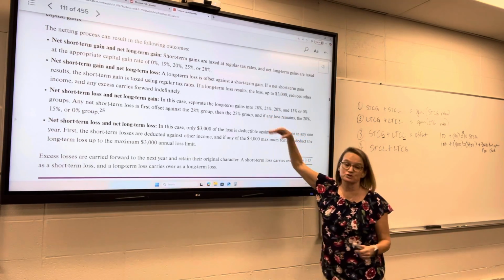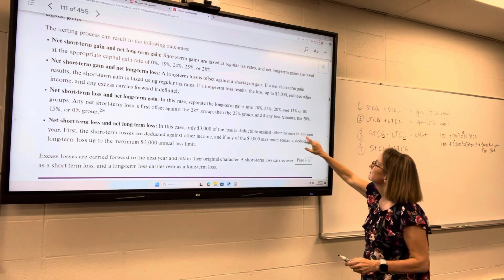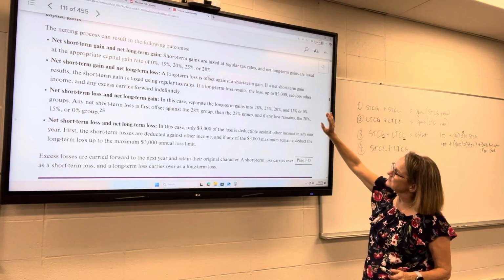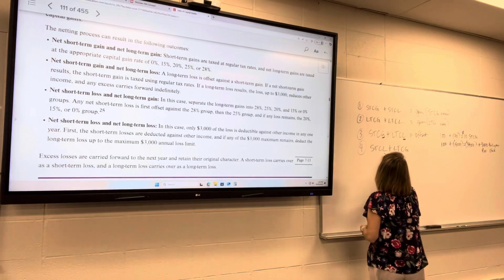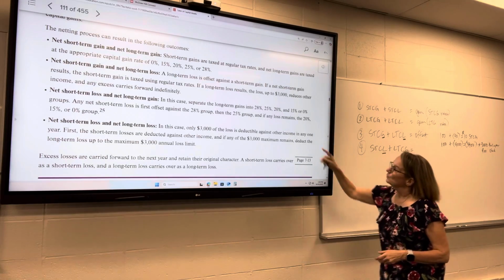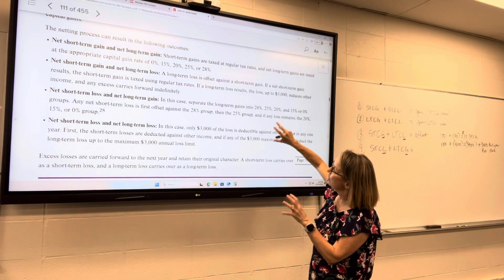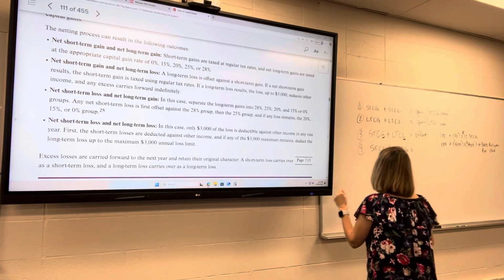If we've got one of those 1250 gains, that's going to be taxed at 25%. We're going to have to separate all of those long-term gains into their separate groups, okay?